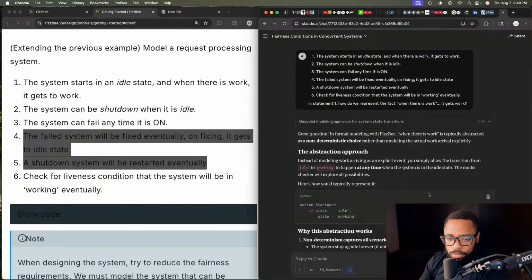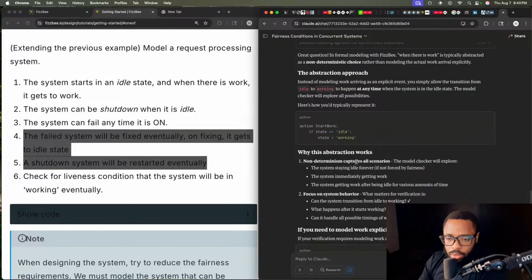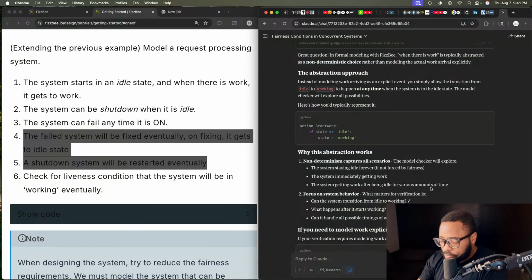At any time, non-determinism captures all scenarios. We'll explore the system staying idle forever if not forced by fairness, the system immediately getting work, the system getting work after being idle for various amounts of time. Can a system transition from idle to working? What happens after it starts working?